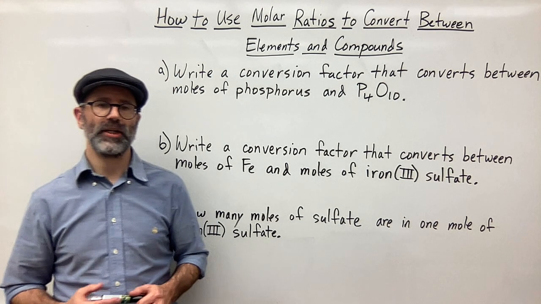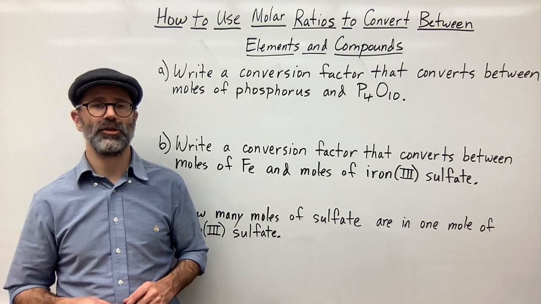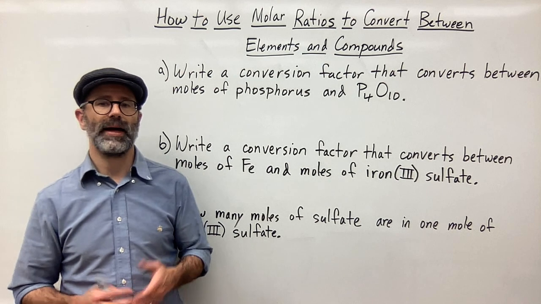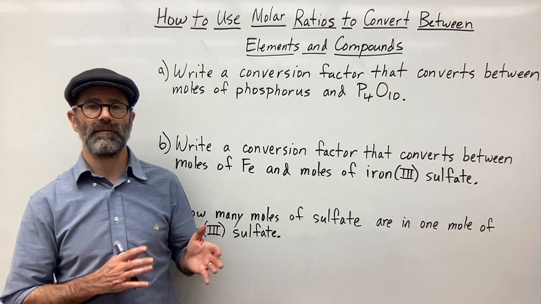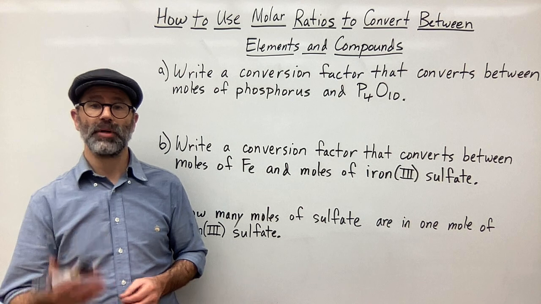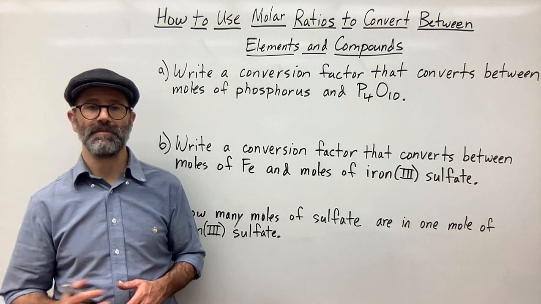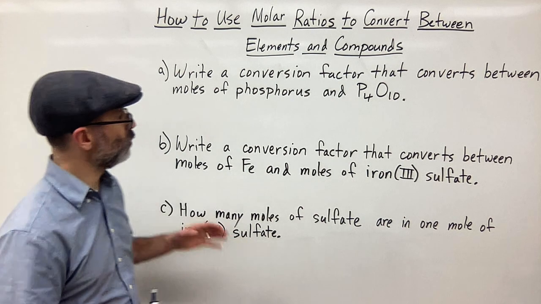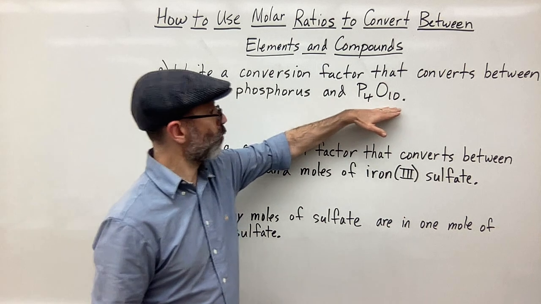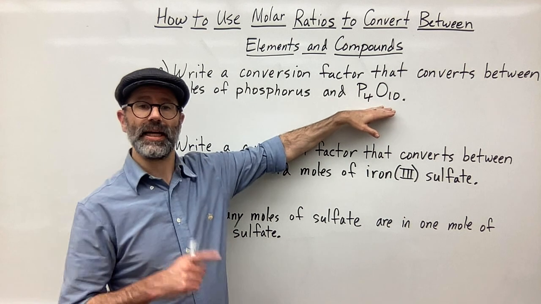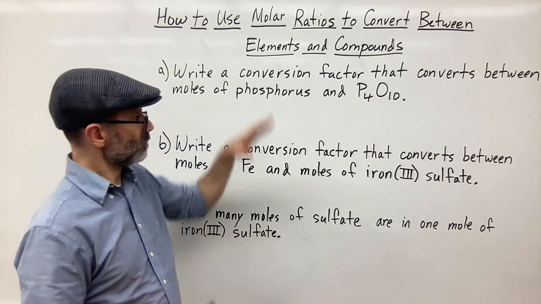So for the first problem, we're asked to write a conversion factor that converts between the moles of phosphorus and P4O10, or tetraphosphorus decoxide. So we're going to use that formula. From the formula, you are going to get your mole ratio.